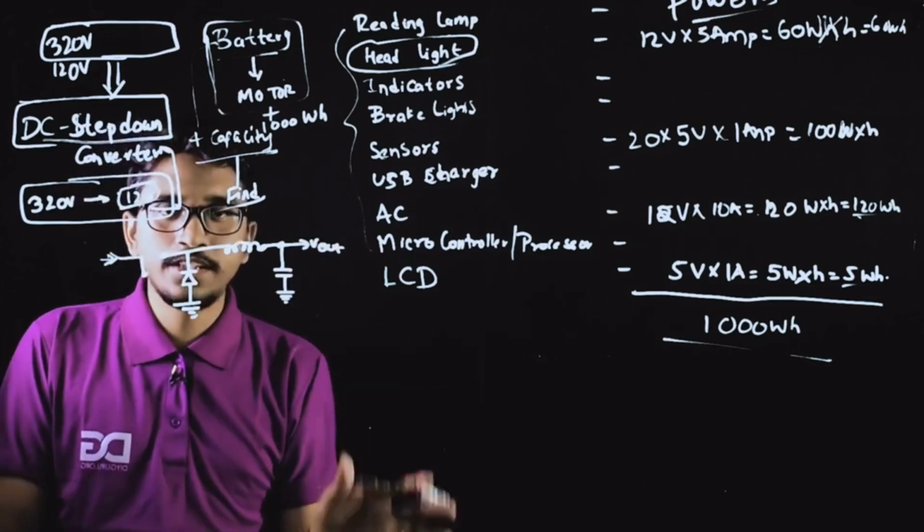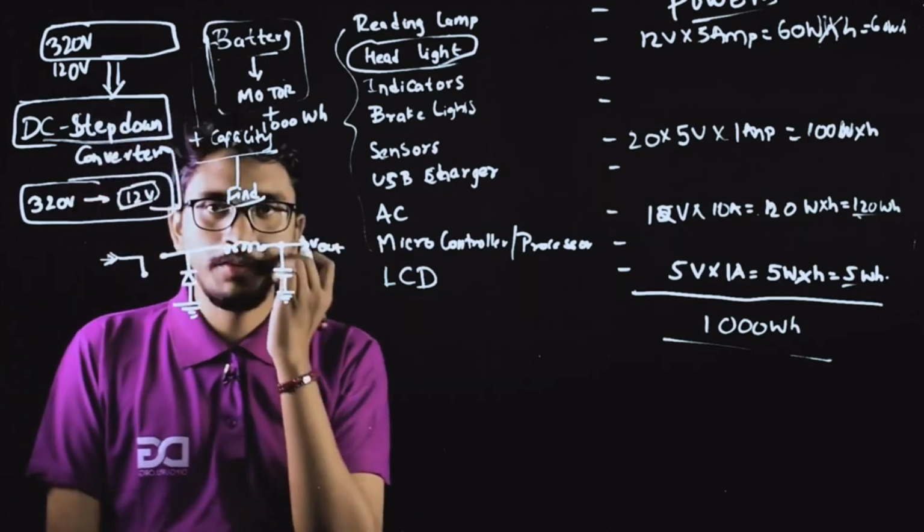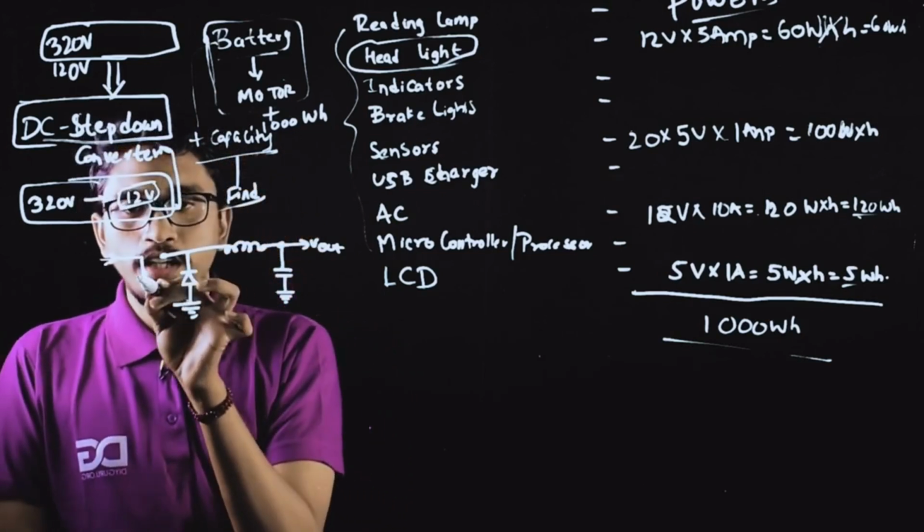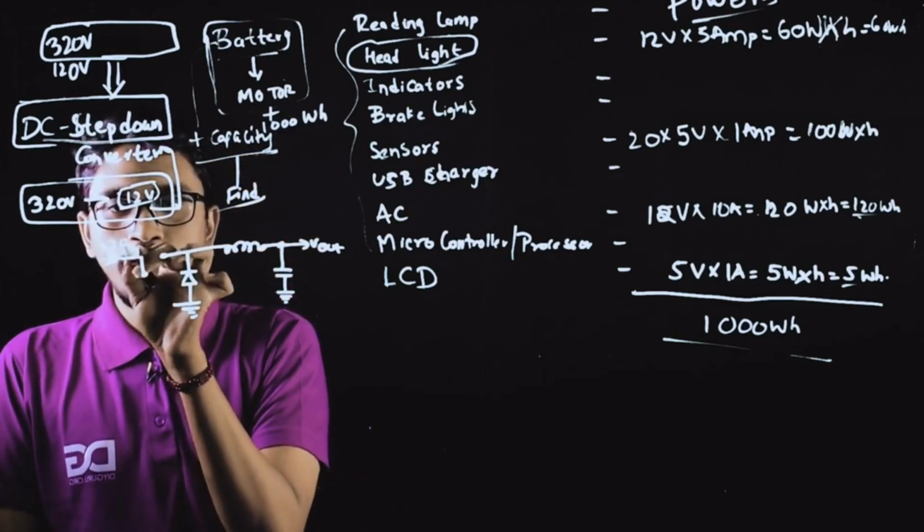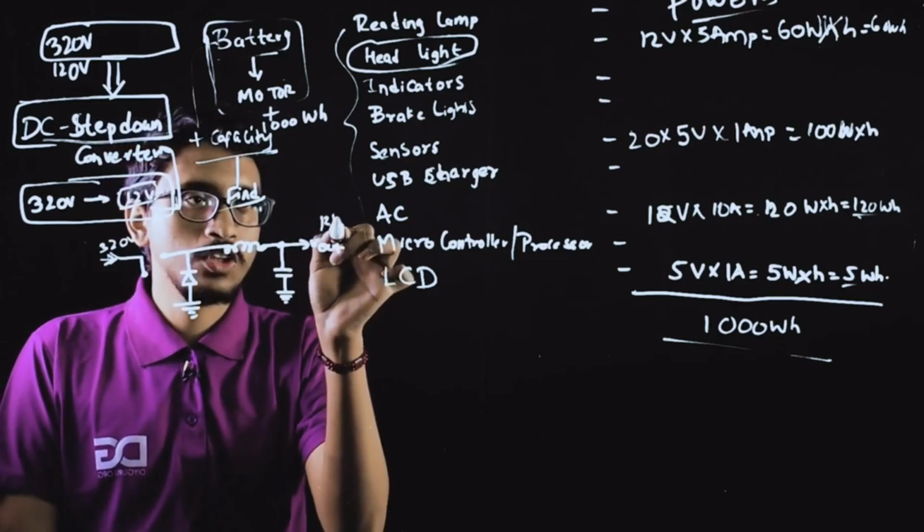This is a basic structure of how a DC step down converter works. You can see there is a switch. We will be passing 320 volts over here, and we need 12 volts output.